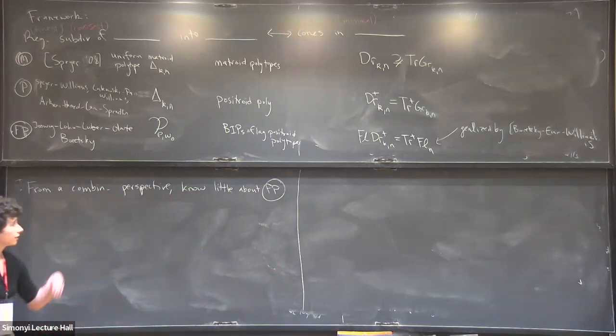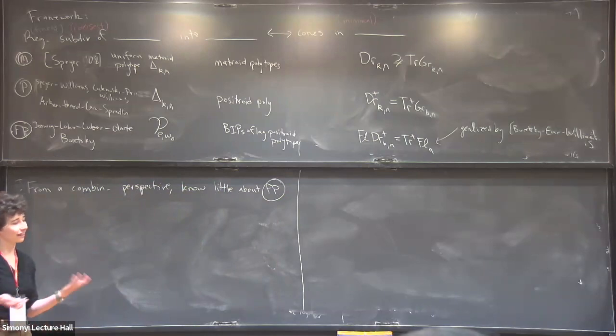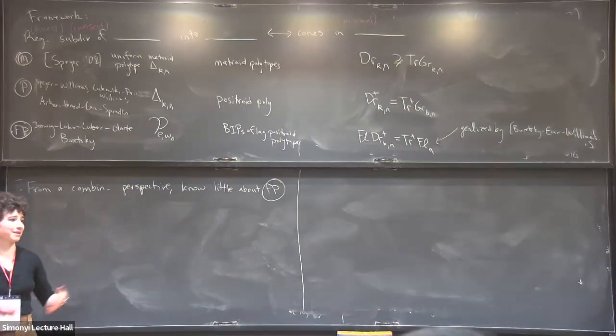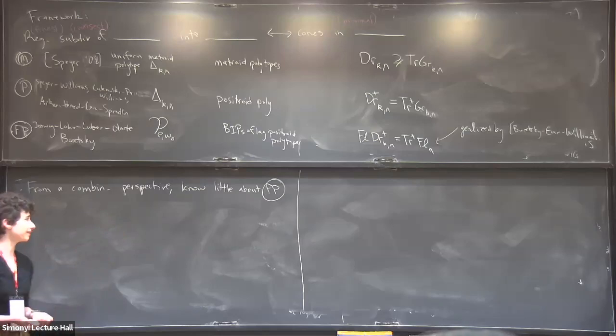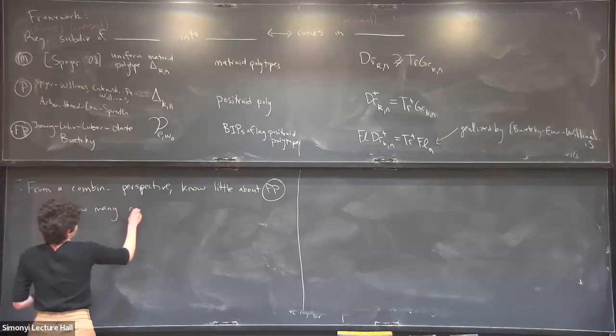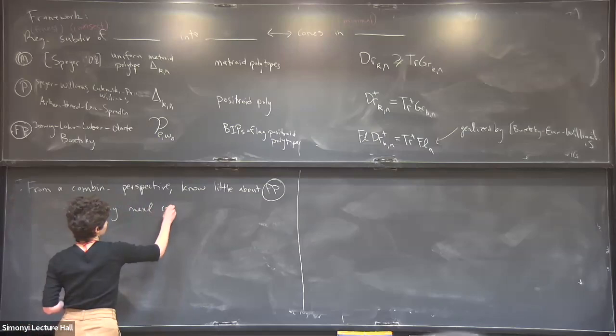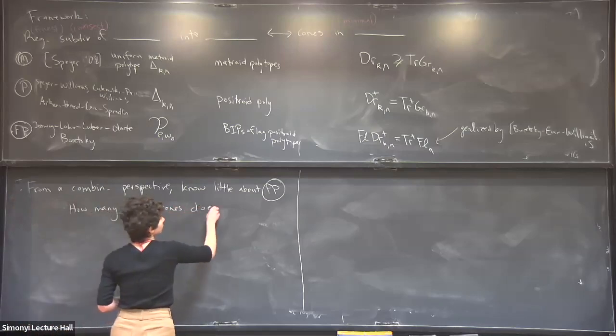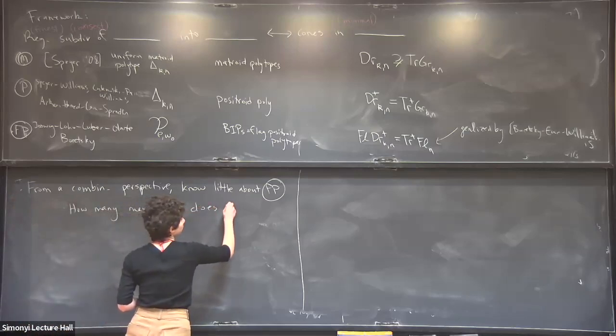In the sense that before our result, we just didn't know any infinite family of examples of Bruhat interval subdivisions of the permutahedron. So things that we don't know are, say, how many maximal cones does the positive flag Dressian have.